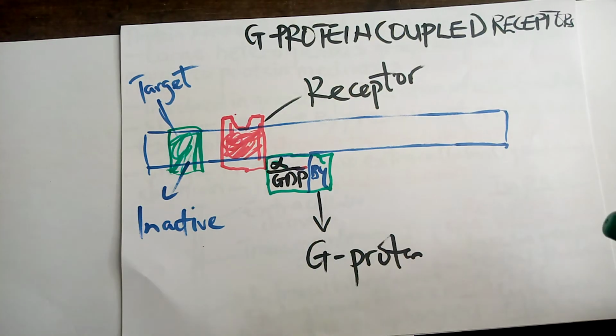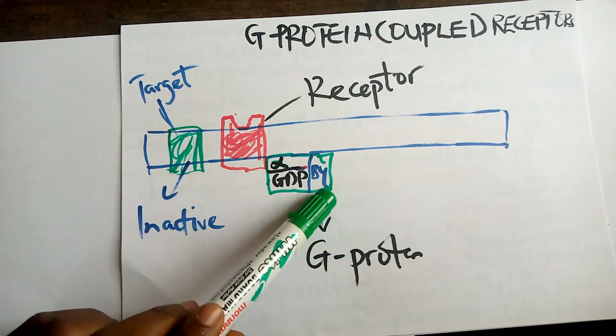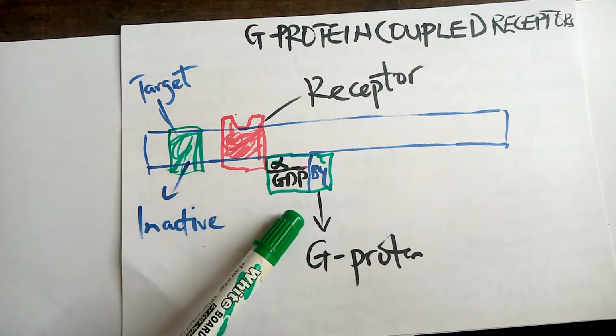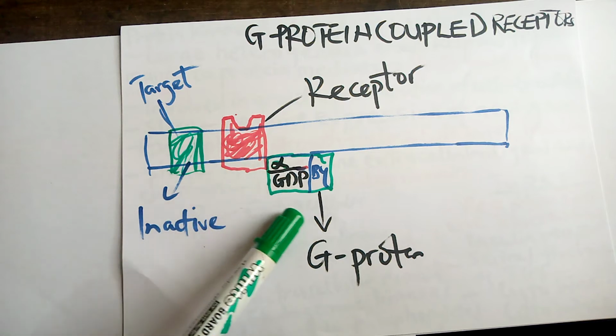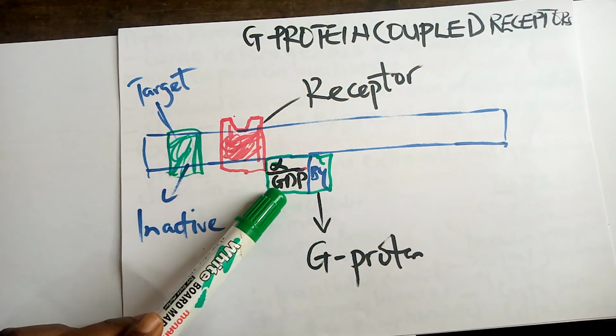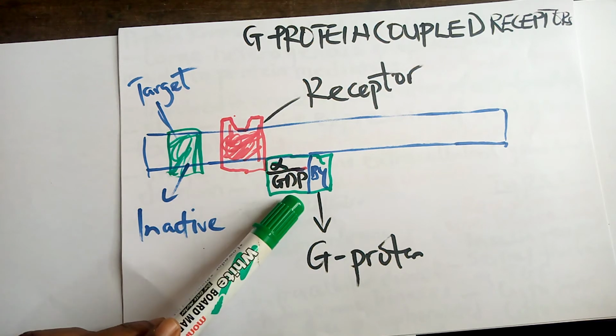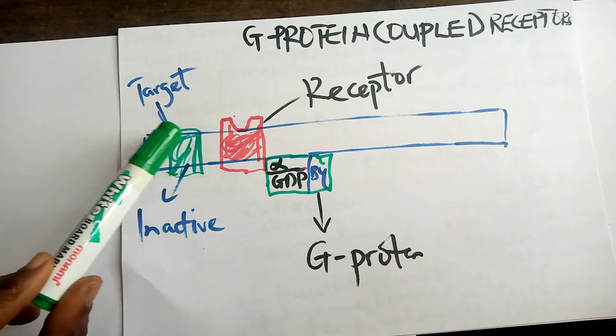This is a very good example of a G protein coupled receptor. This is the receptor here, and this is the G protein. Because the receptor is coupled with a G protein, that's why it is called a G protein coupled receptor. This is the target, you can also call it the receptor.